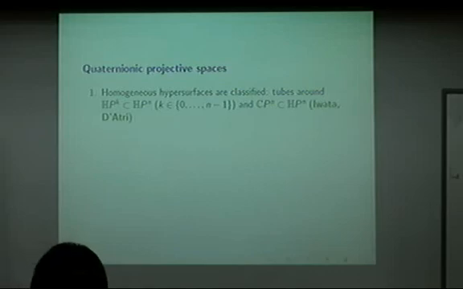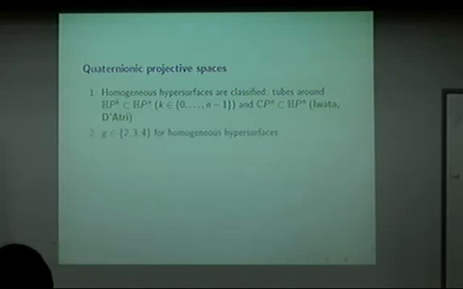Then the number of distinct principal curvatures for these homogeneous hypersurfaces, if one is diligent, one can calculate, and it's just 2, 3, and 4 which arise in this situation. So it's probably something one would expect, only small numbers from what we saw yesterday.